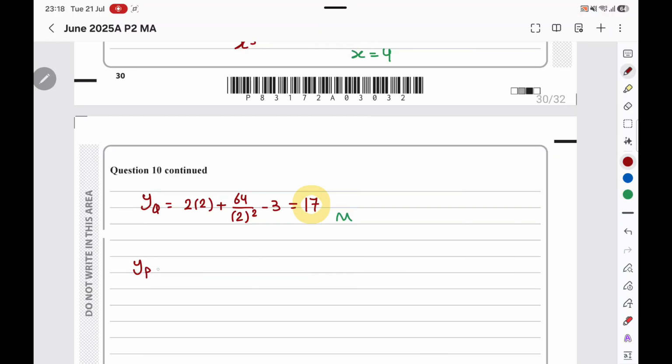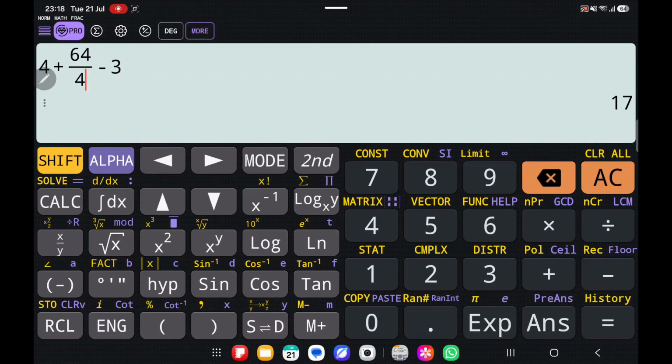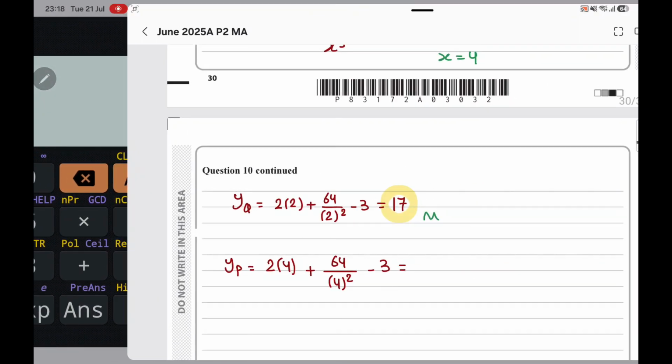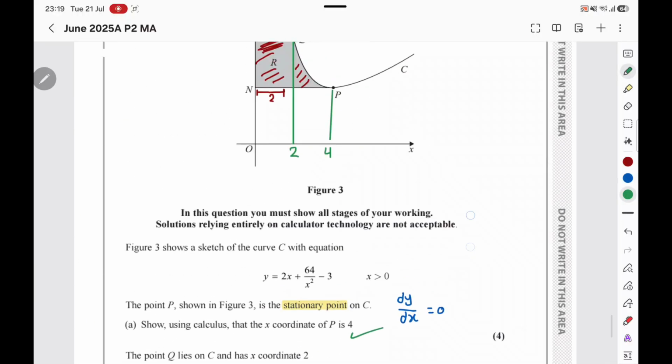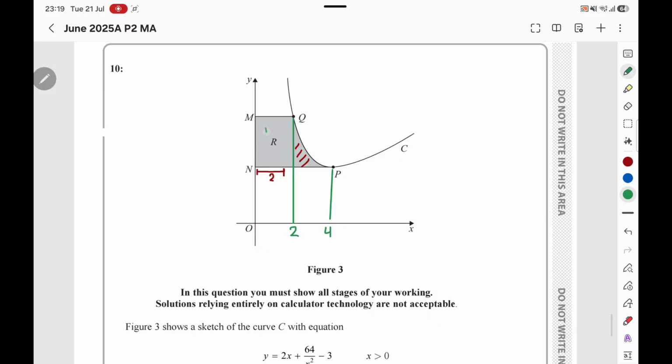YP, which is N: 2 times 4 plus 64 over 4 squared, which is 16, minus 3. 2 times 4 is 8, so this is 9. 9 is N. So this part, let's name it area 1, is 2 times the distance between 17 and 9, which is 8.